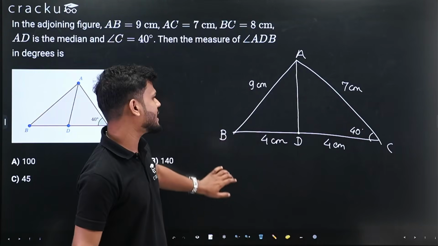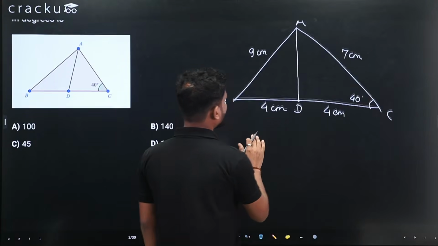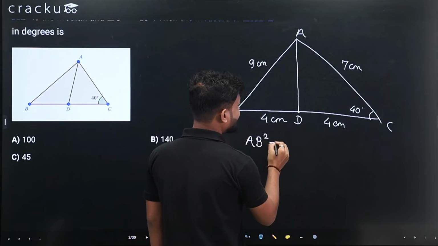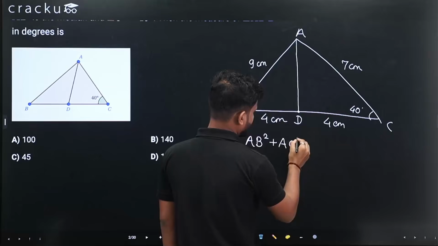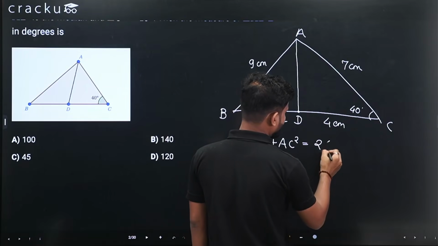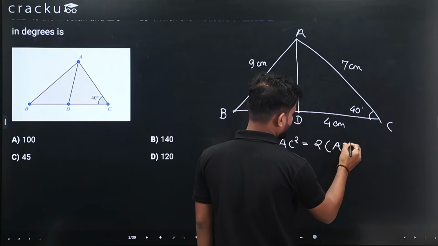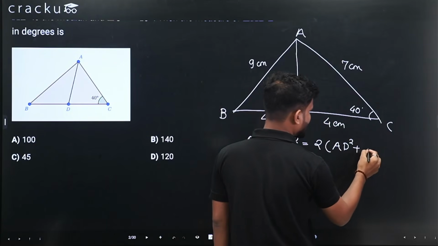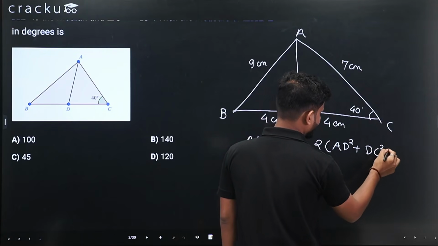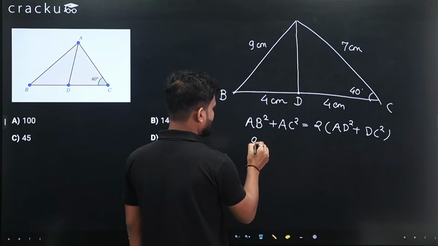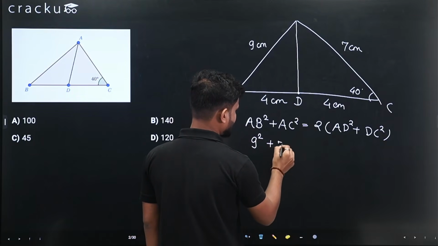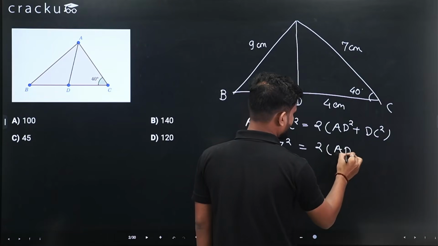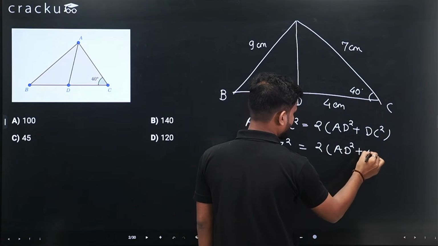Now from here you can apply the Apollonius theorem which says AB square plus AC square is equal to twice of median square plus half of the opposite side, which is DC square. From here AB square is 9 square plus 7 square, which is equal to 2 into AD square, which we don't know, plus 4 square.